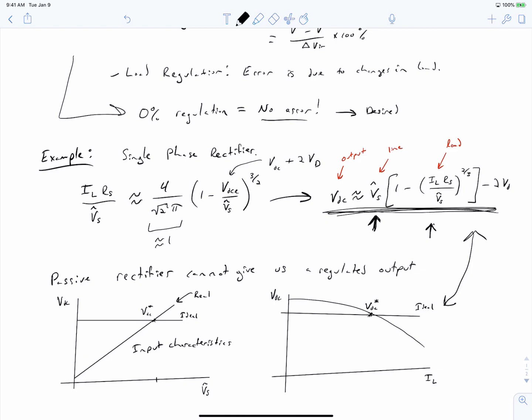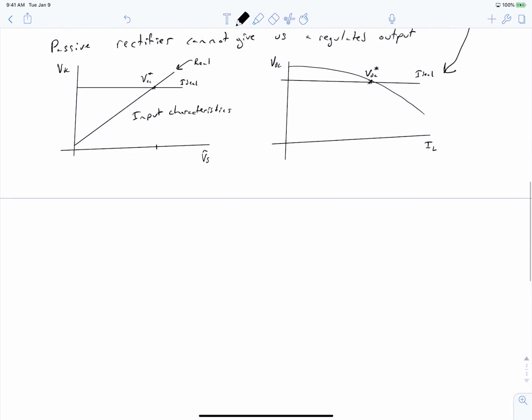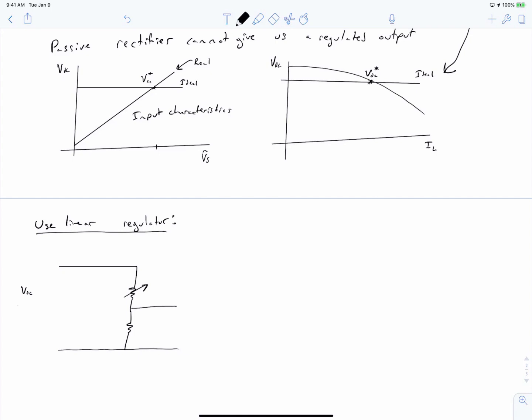So what do we do? Well, if we really need a regulated output, which is very frequently the case, we can add a linear regulator to the output of this, as we discussed in a previous video. So remember that we drew our linear regulator as an equivalent circuit of a voltage divider. And on the input of this would be our VDC unregulated.